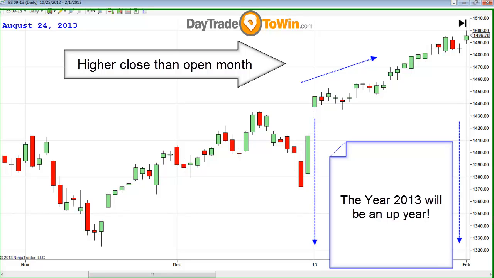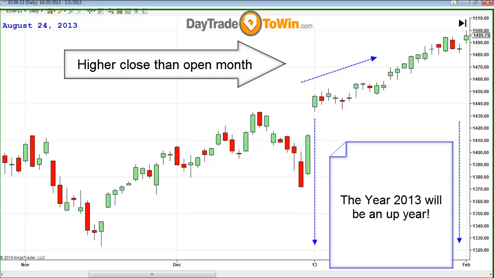But I don't just want to jump in long a little bit prematurely. I definitely want to time it correctly, because you can go long and the market can just go down, and go long later on in the year. This has been tested for as much data as we have, and it is very accurate. Any time we have a higher close than open January, which we had last year, so you can take a look at 2012 as well as this year, 2013, the expectation changes.